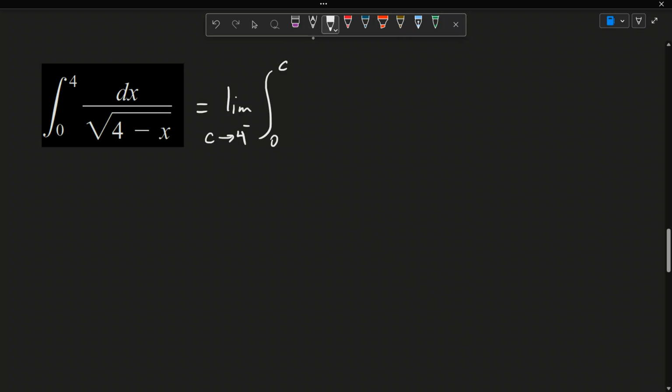And instead of this root, I can write 4 minus x to the minus 1/2 dx. The limit is here, c approaches 4 from negative side.